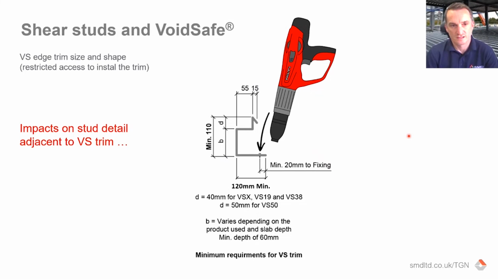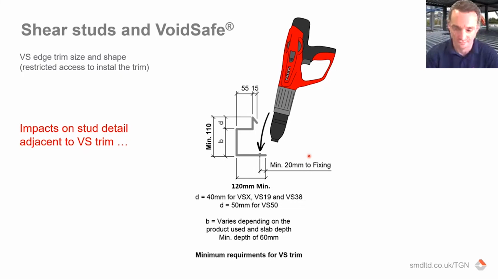So that's it really in terms of shear studs on their own and their spacings and the beam and how that impacts. VoidSafe, I don't know if anyone in the audience is aware, but that's a void solution that we offer. And there are a number of challenges with that, and they can impact on the stud positioning as well.